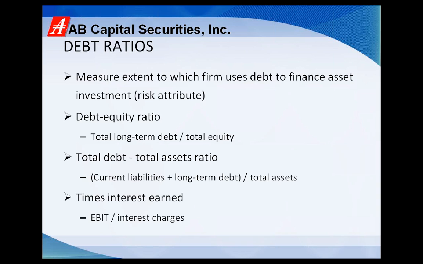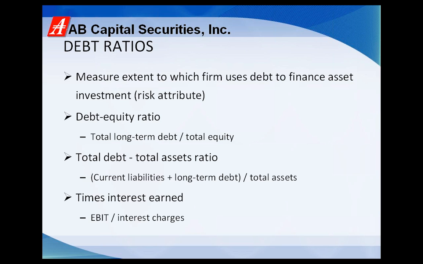The more common debt ratios would be the debt to shareholders' equity ratio. We have also the total debt to total asset ratio, and the interest coverage ratio, the times interest earned ratio, which is normally used by credit rating agencies in rating companies.